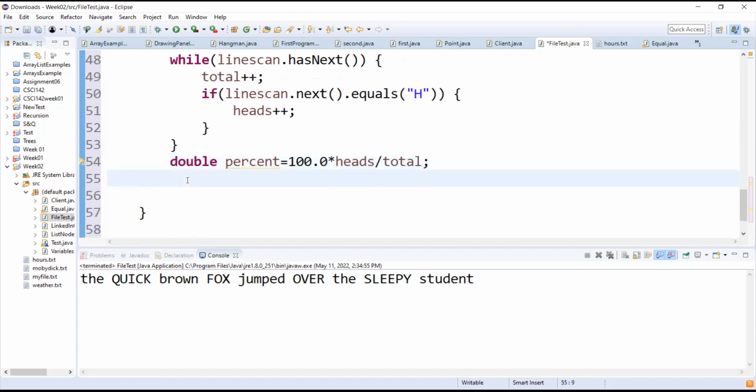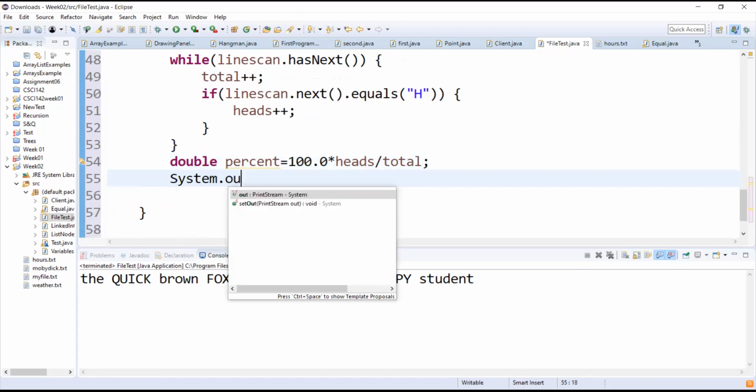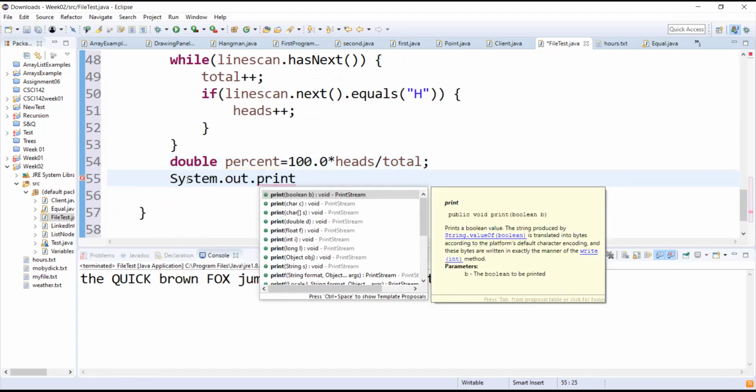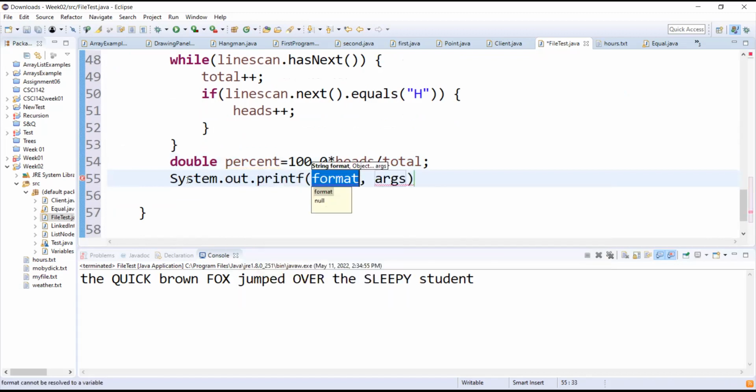Then we can print with system.out.printf to follow the format. In double quotation marks, we'll say %d heads, and if you don't remember, I can go over it, %.1f. I want one number after the decimal point, and that's it.